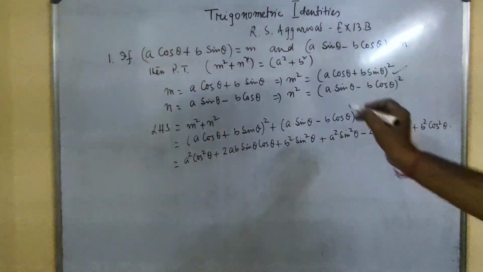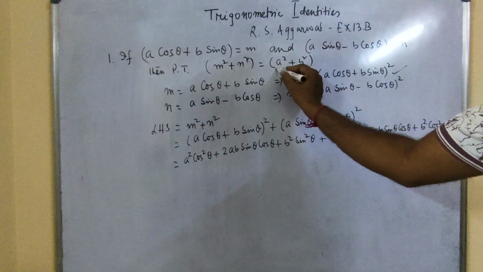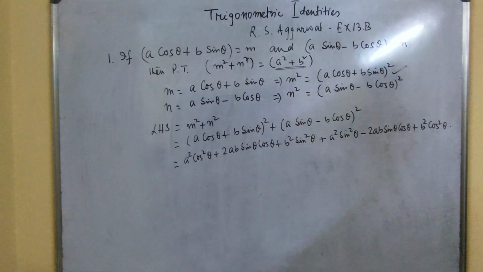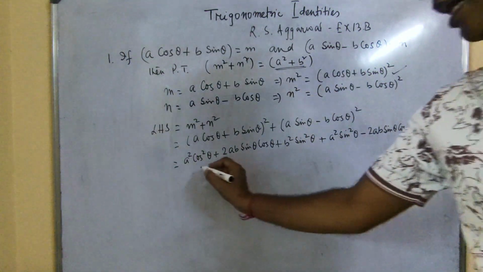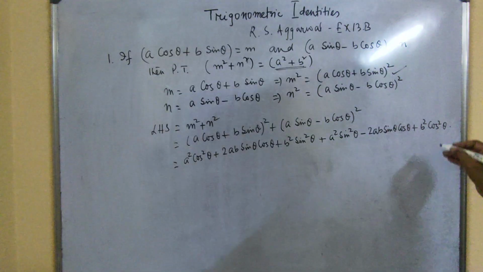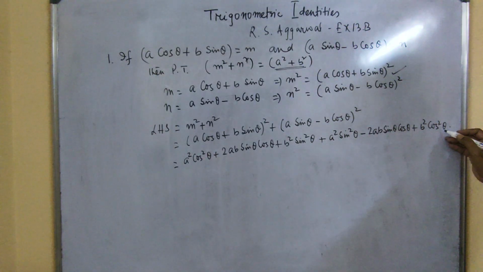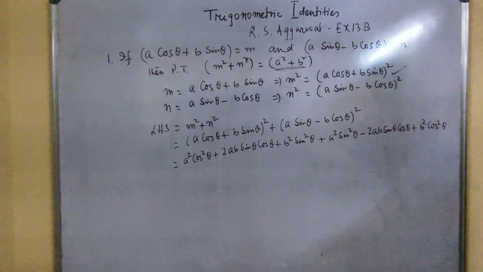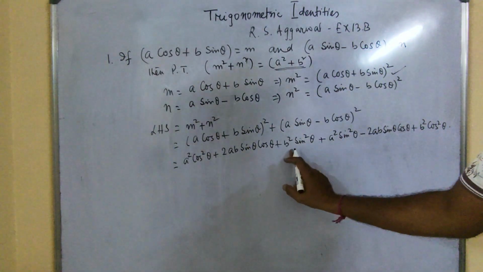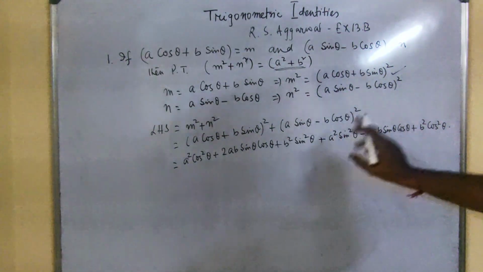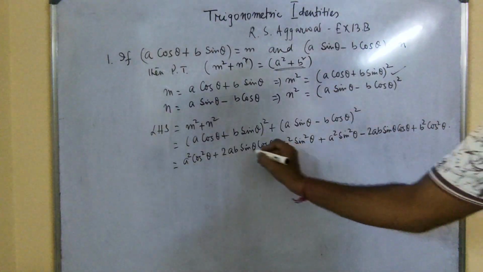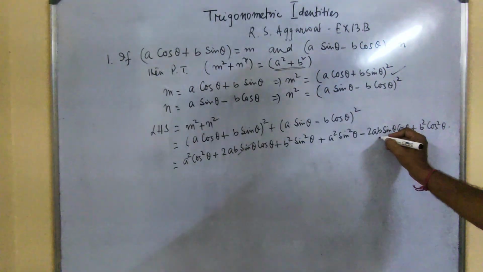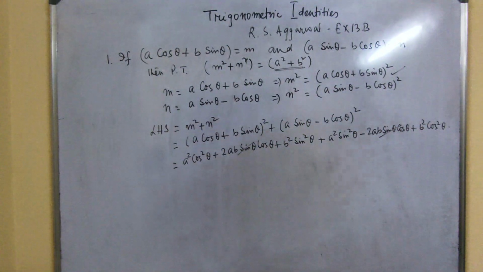Now we have to prove a square plus b square. So here a square cos square theta and b square cos square theta, and b square sin square theta plus a square sin square theta, and these two terms cancel out, plus 2ab sin theta cos theta minus 2ab sin theta cos theta. Fine.